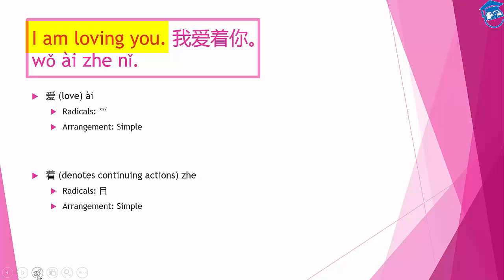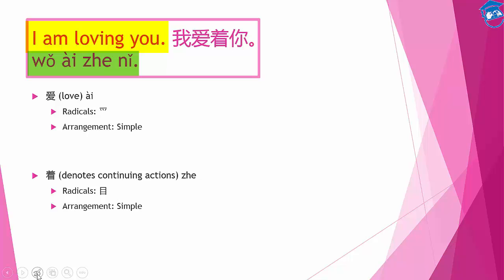I know previously you have learned how to make a verb continuous, but this one is another way of denoting a verb to be continuous. If you can remember, we can also say I'm loving you as 我在爱你. So here I'm just going to tell you another way, 我爱着你.